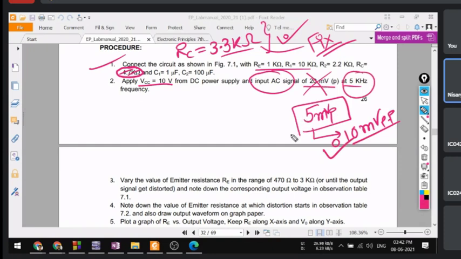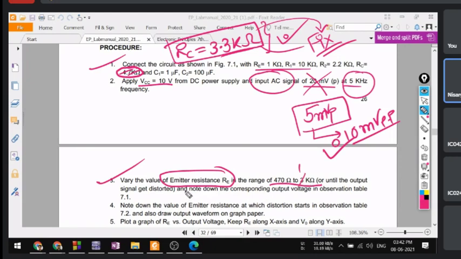Now vary the emitter resistor, student. Keep the collector resistor fixed. Vary the emitter resistance from 470 ohm to 3 kilo, but I will go up to 1 kilo. Note down the corresponding output in the observation table.